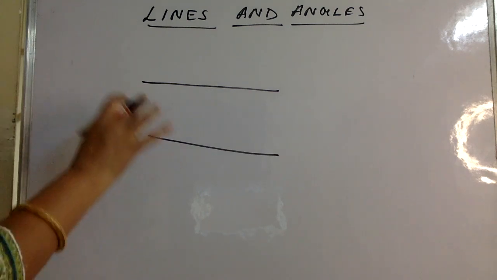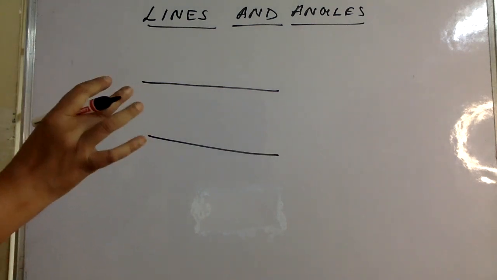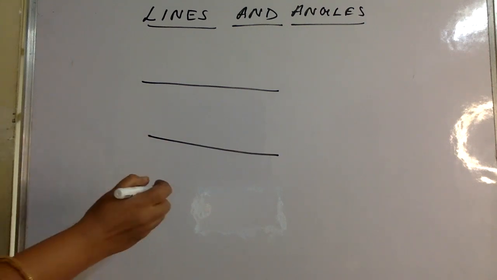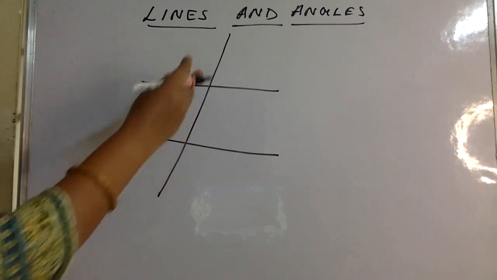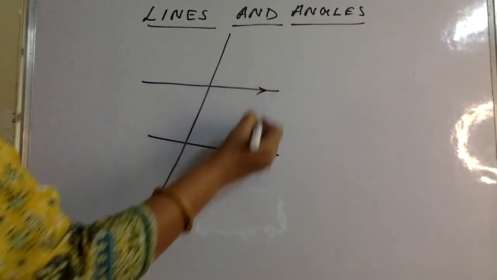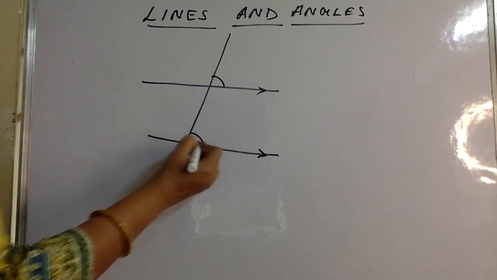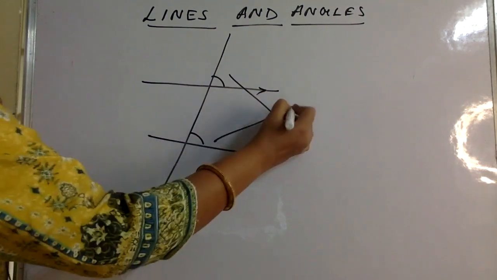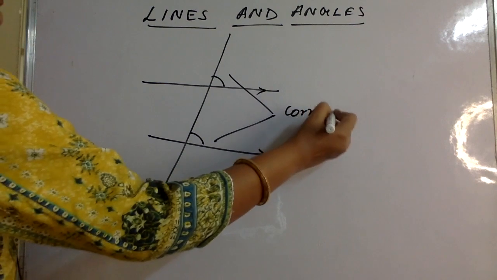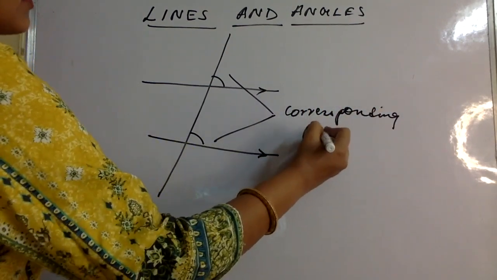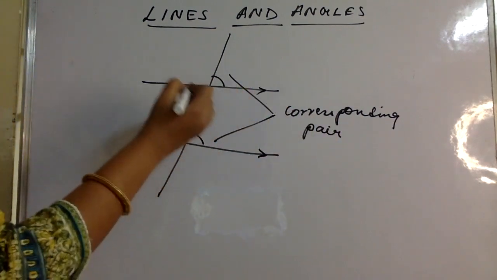Now in parallel lines, there are a few angles that we have to know. If two lines are parallel, then this is a transversal. This line is called a transversal, and these two lines, if they are parallel, then this angle and this angle will form a corresponding pair of angles, and these are equal.